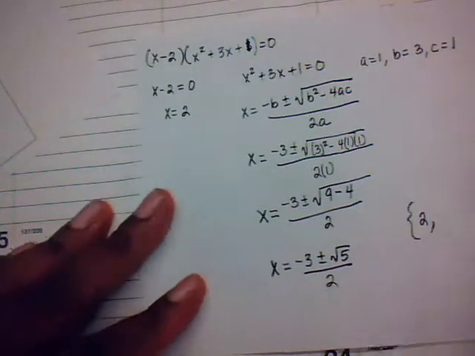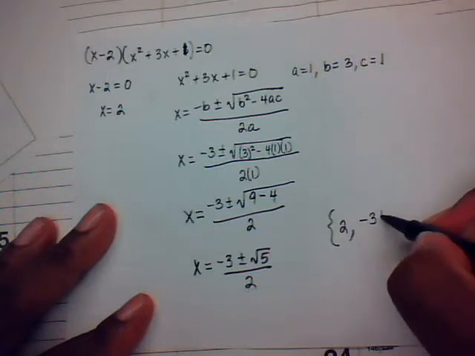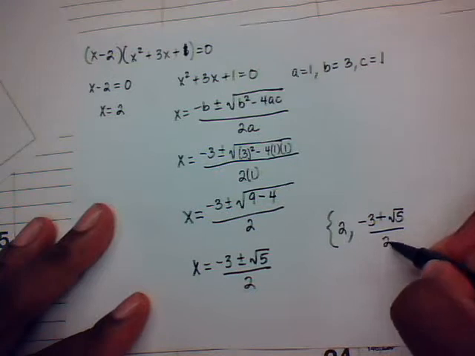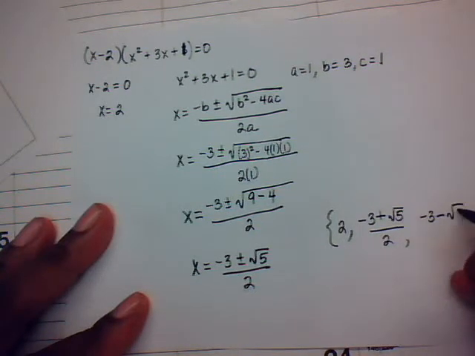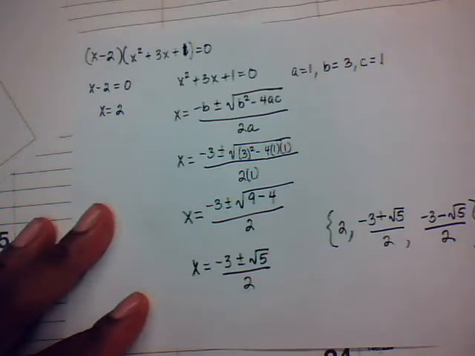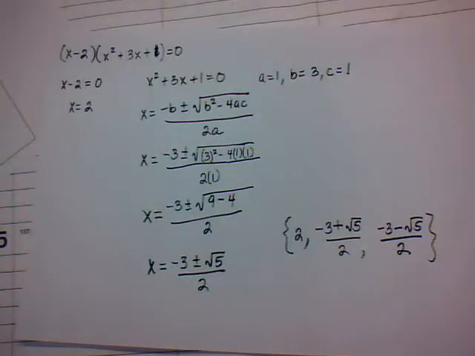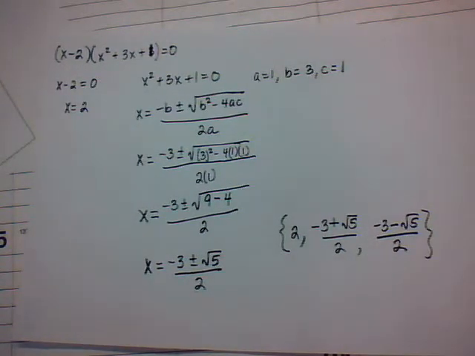Now, I'm going to break this up into negative 3 plus square root of 5 over 2. And the other is negative 3 minus the square root of 5 all over 2. So that part right there represents the solution set for that particular polynomial function. In fact, those are all the zeros of that particular polynomial function.